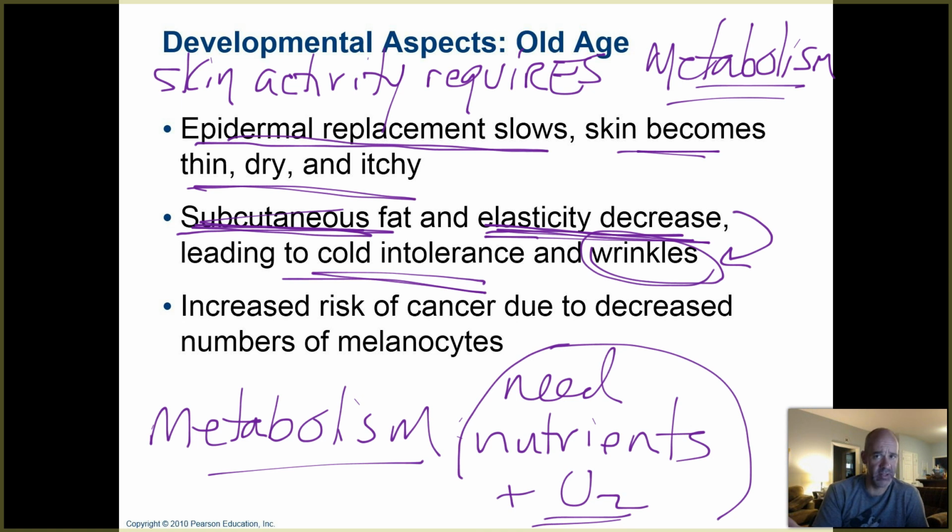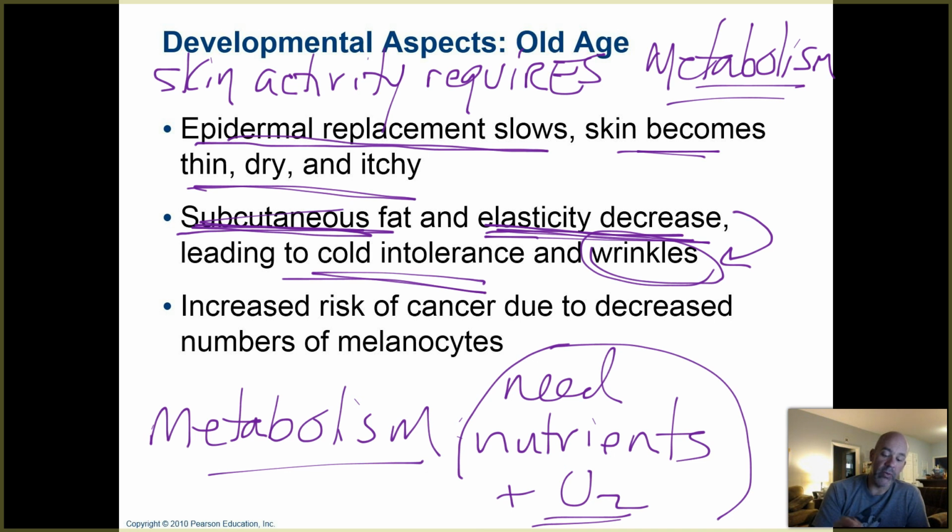Also, you lose collagen fibers, so it's easier to tear the skin because you don't have that tensile strength. Your blood vessels in the skin become thinner and easier to break, and that's when you develop a bruise. There are lots of things that go on during old age, and they're going to occur in all of us as we get older.